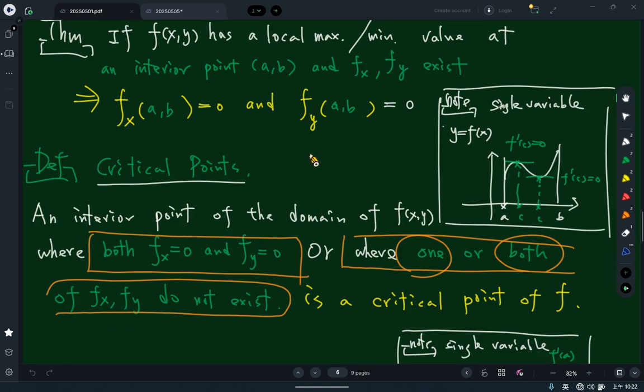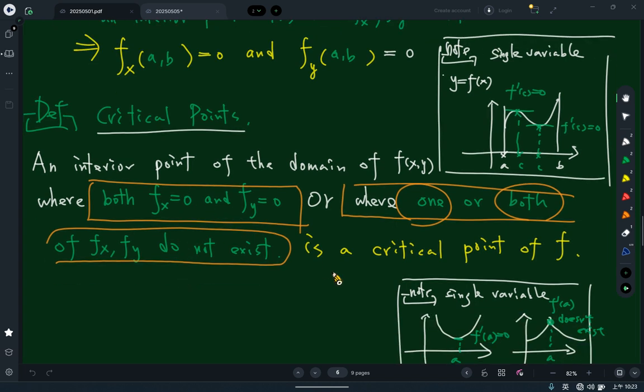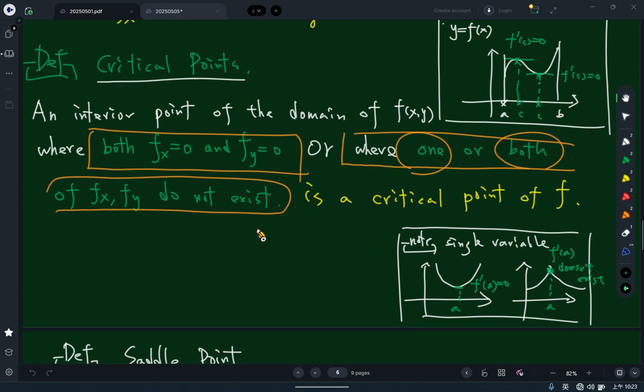We also define what a critical point is. If partial f partial x is equal to 0 and partial f partial y is equal to 0, or one or both of them do not exist, we define it as a critical point. If you cannot accept the idea right after the definition, think about the critical point for single variable functions, where we have a similar definition.